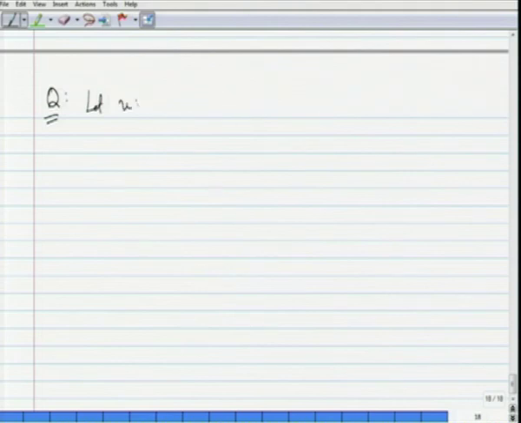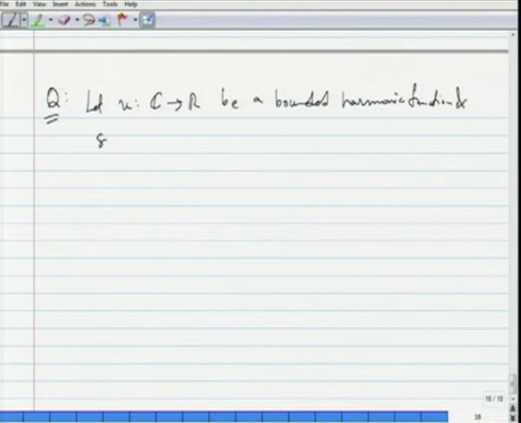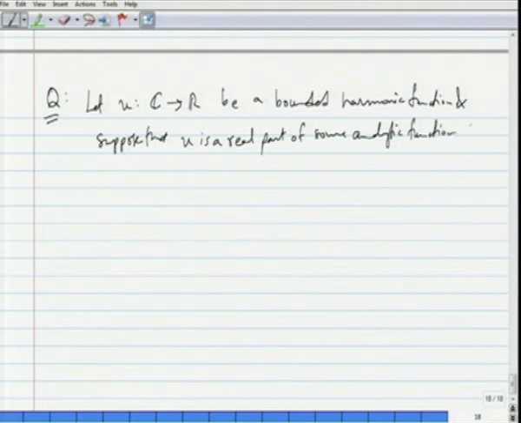Let u from C to R be a bounded harmonic function, and suppose that u is the real part of some analytic function f on all of C. Then show that u is constant.